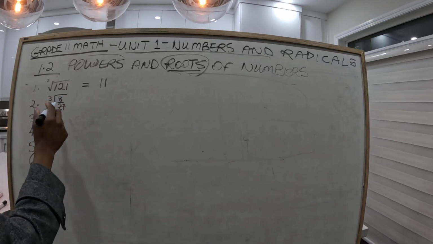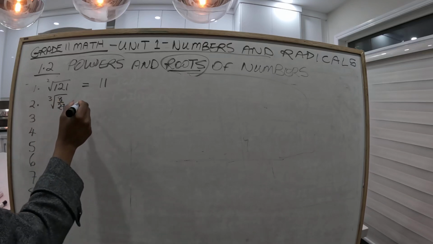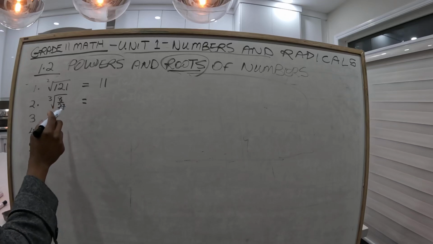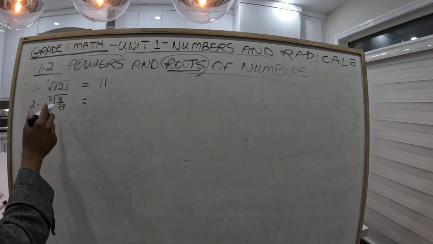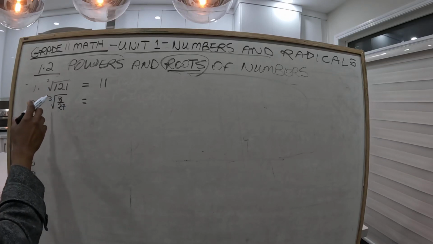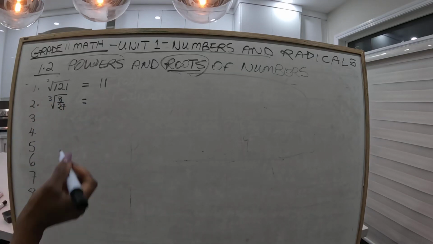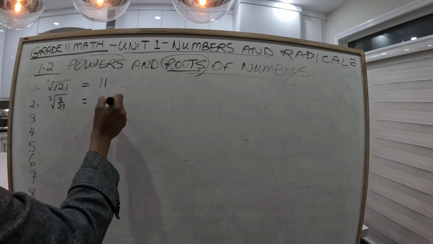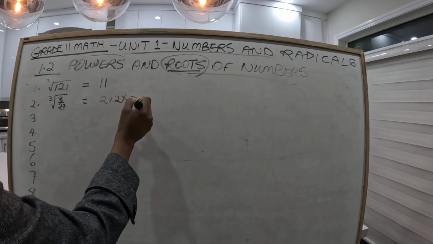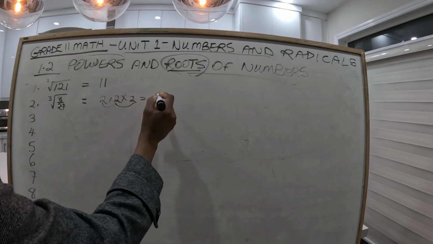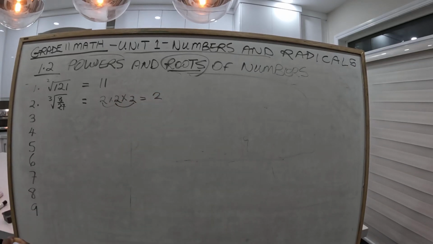In this case, we do each part separately. We're going to do the numerator separately and the denominator separately. We know that there's something that was multiplied 3 times to get 8. What do you think? You probably could start with 2. Let's see if that works. 2 times 2 times 2. So 2 times 2 is 4, 4 times 2 is 8. So the base number would have been 2.